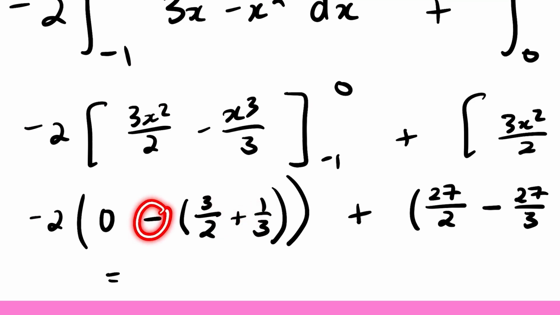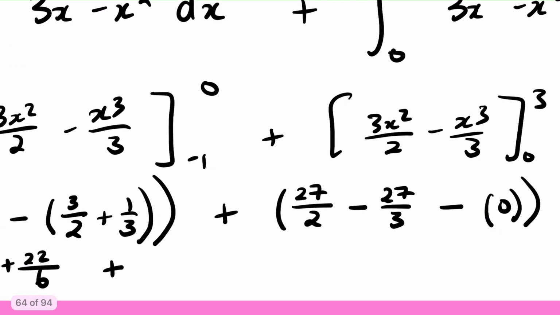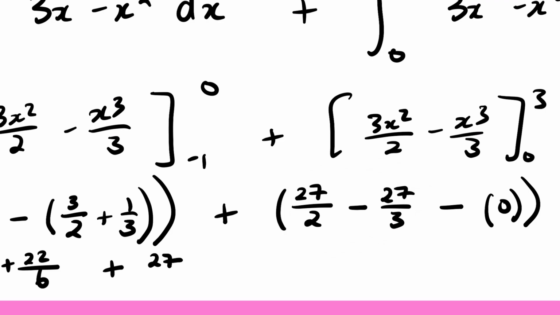That's a negative, so that'll be -11 on 6, and then -2 is going to be +22 on 6, plus, and then here, I've got these fractions over here. When I work them out, I end up with 27 on 6. And when I add these two together, I get 49 on 6 units squared.